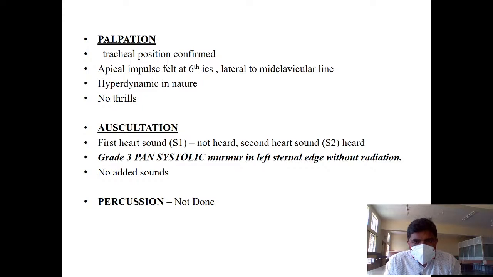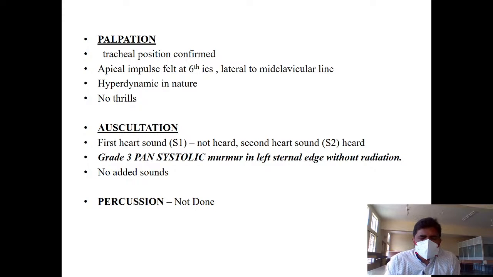If there is no split and the second heart sound becomes loud, then the child might be having pulmonary arterial hypertension. So here is the case: a single second heart sound which is loud, so it infers that the child is having pulmonary arterial hypertension. And look at the grade 3 pansystolic murmur at the left sternal edge without radiation. This is the pathognomonic finding in a case of VSD.